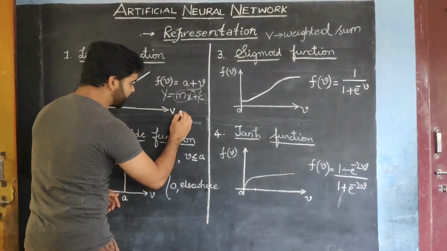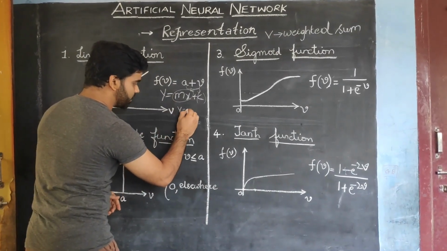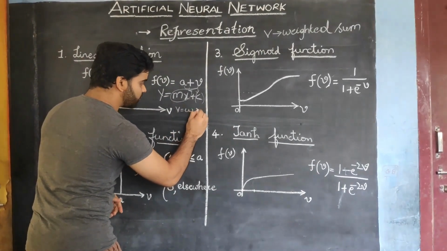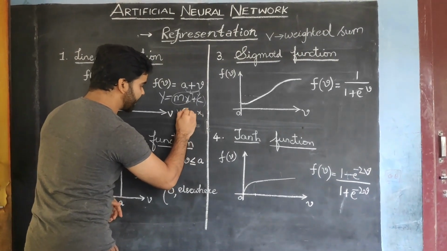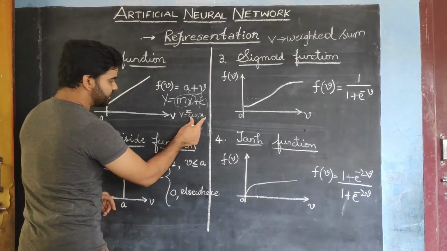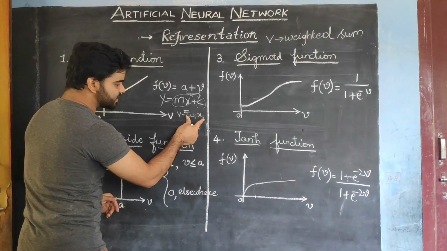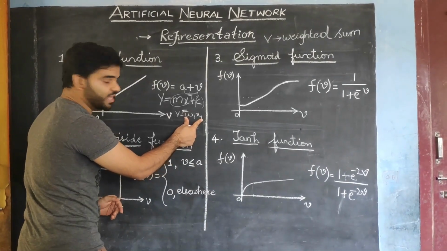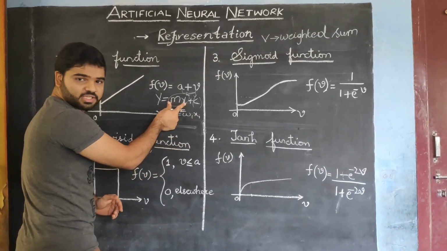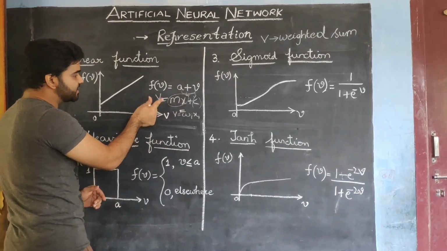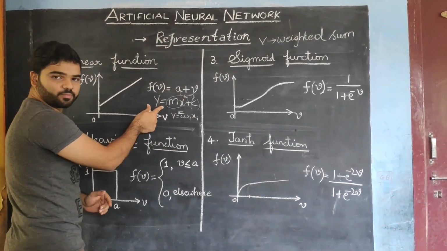Now, we can write this v as sigma of wi xi. So, this sigma of wi xi is similar to mx. Now, the result, that is f of v, equals 1.